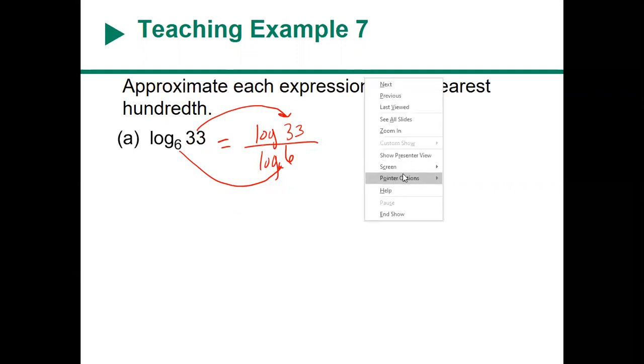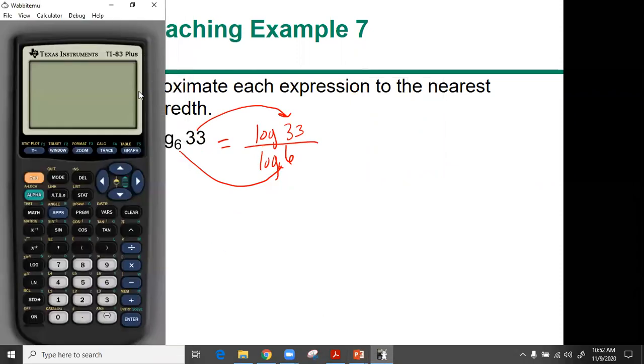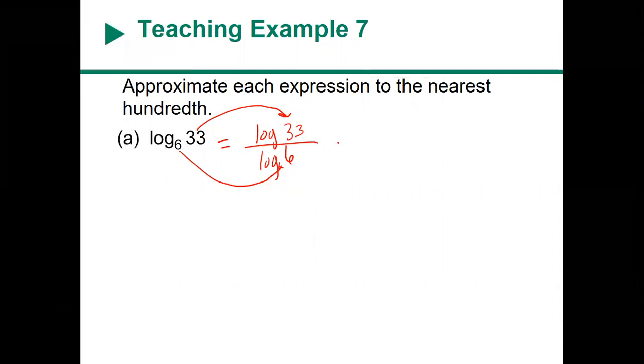So I now can put in log 33 divided by log 6. And I get approximately, is it near hundredths, right? Yep. 1.95.